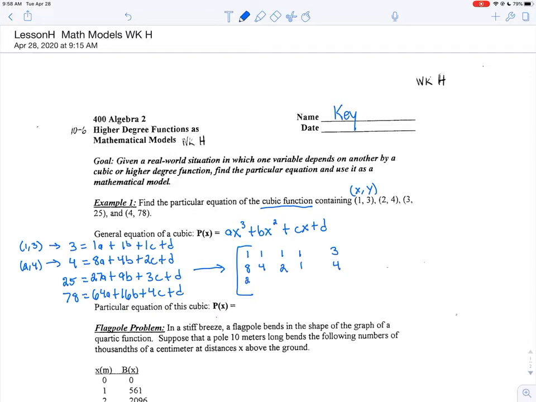We have 27, 9, 3, 1, and 25. And then lastly, we have 64, 16, 4, 1, and we are bringing the y over for 78. So that's what we essentially would be entering into our matrix.